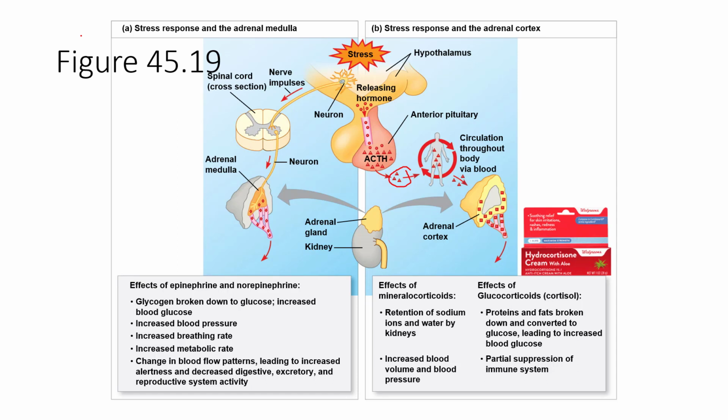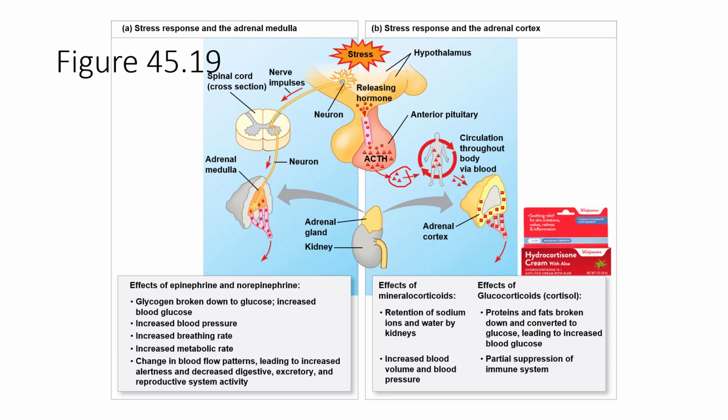So once again, tropic hormones are hormones that target other glands, essentially, other parts of the endocrine system, so that it stimulates the release of different things in that adrenal cortex.